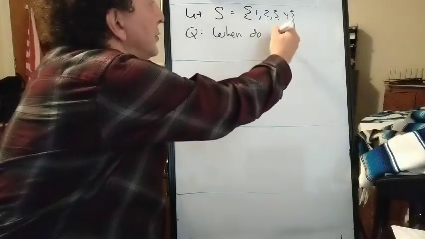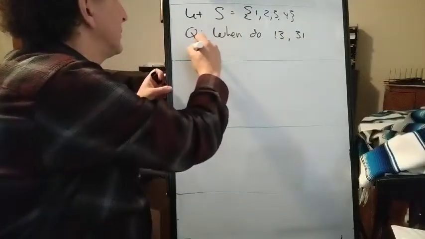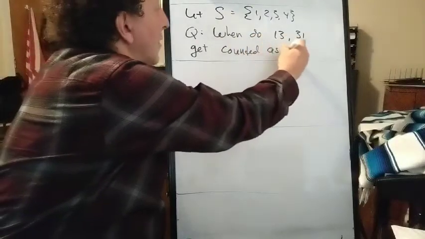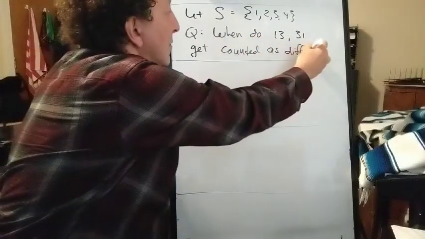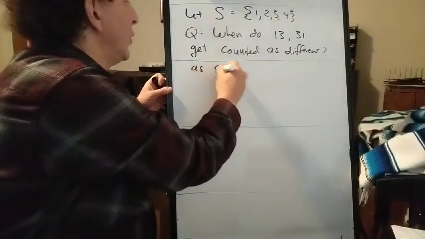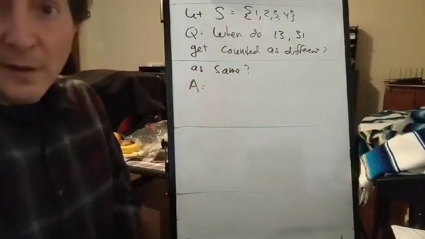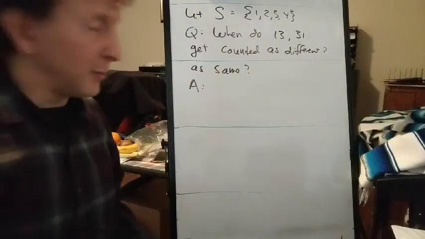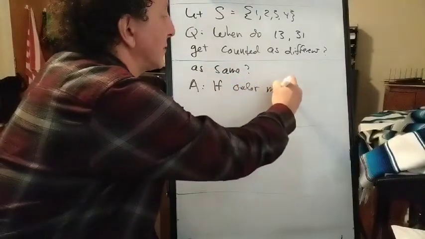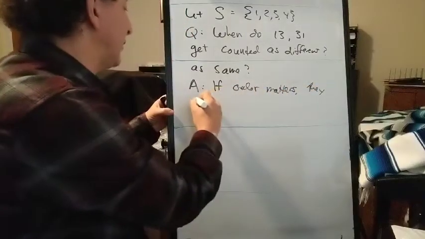So let's ask, when do 1, 3 and 3, 1 get counted as two different things? Or when do they get counted as the same? The answer is if order matters for some reason, they count as different.